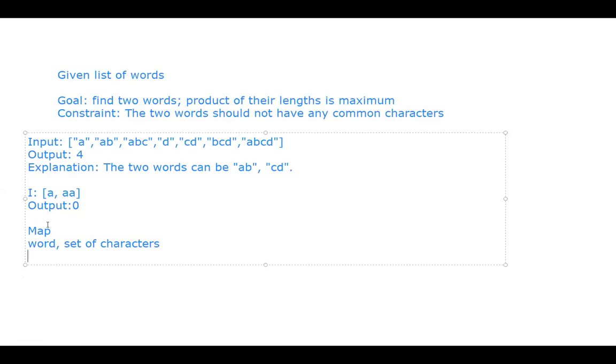Okay, so let's say now I have all of them. Then I can probably have a two for loop to walk through the map and find the maximum length so far. The constraint is for two words, they shouldn't share the same character.